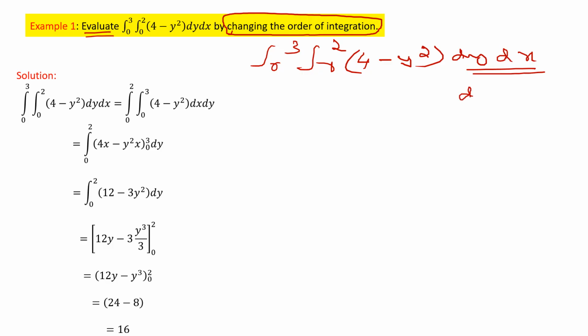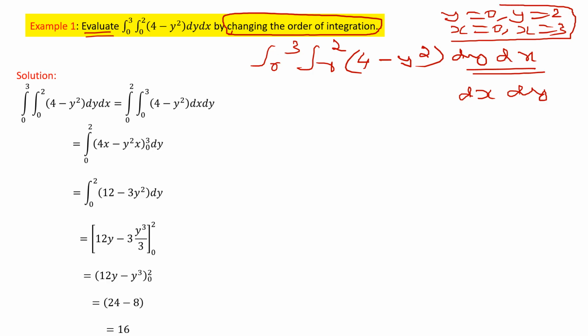If you change the order, this will become dx dy. And here if you notice, the limit of y is nothing but 0 and 2. The limits of x are x equal to 0, x equal to 3. So all the four limits are constants.